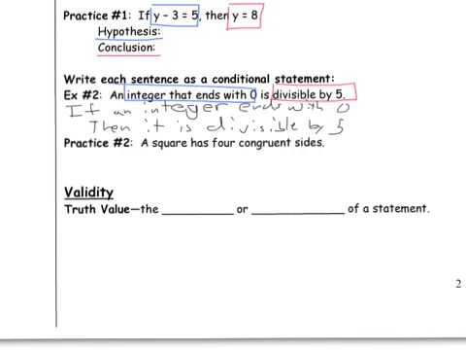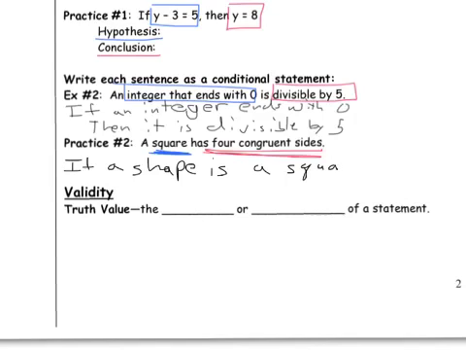Okay, well, I'm thinking the square is the hypothesis and the has 4 congruent sides is the conclusion. So I'm going to say, if a shape is a square, then it has 4 congruent sides. Okay.